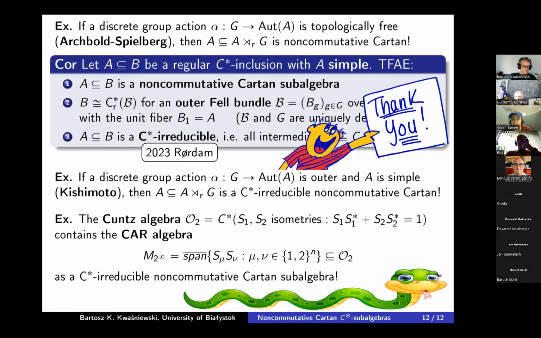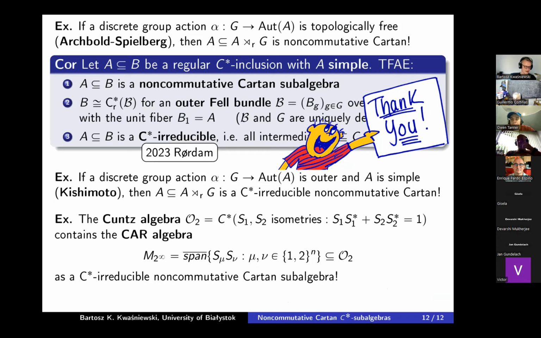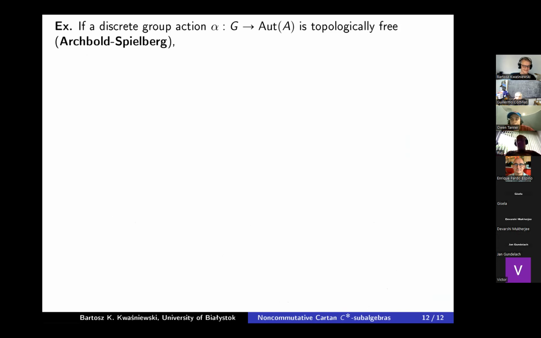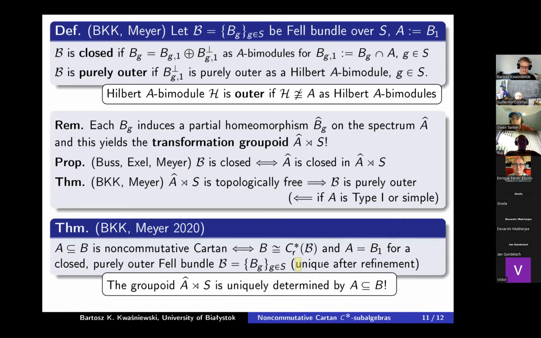I mean, this is what I wanted to sweep under the carpet a bit. Here I just wrote that this is unique up to refinement. So for this non-commutative Cartan inclusion, the dual groupoid is always unique. What is not unique is this S, because given the dual groupoid you could take, for instance, the inverse semigroup of bisections, which will be larger than this S in general.